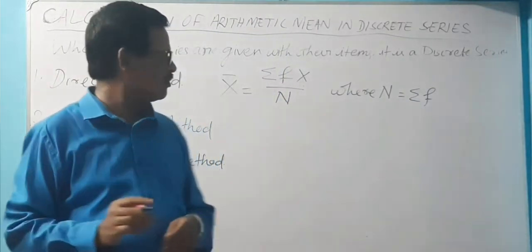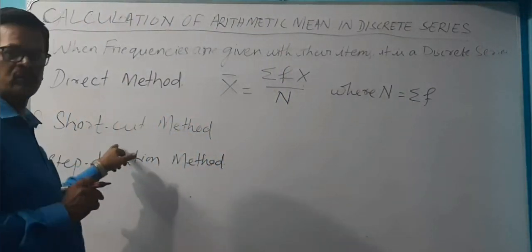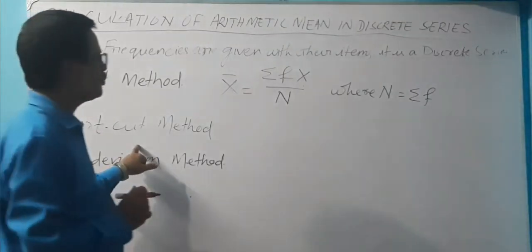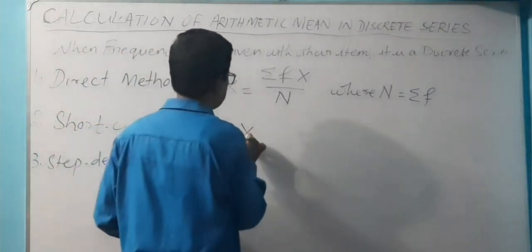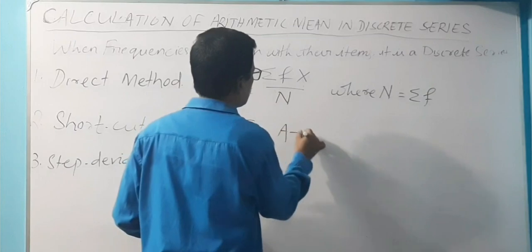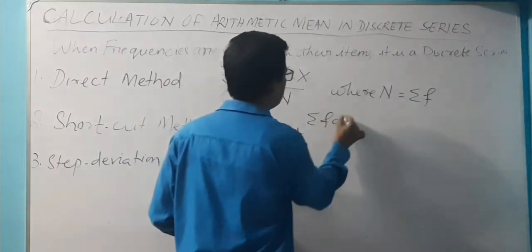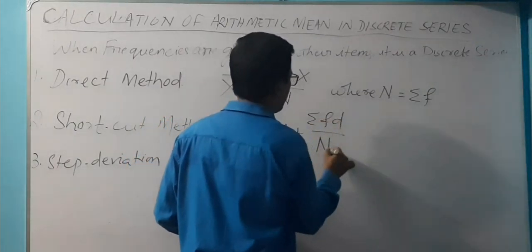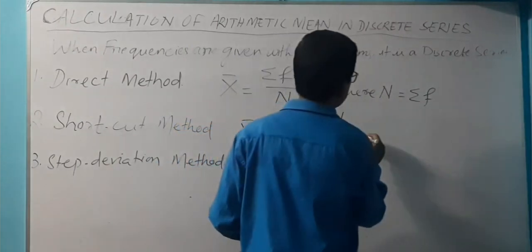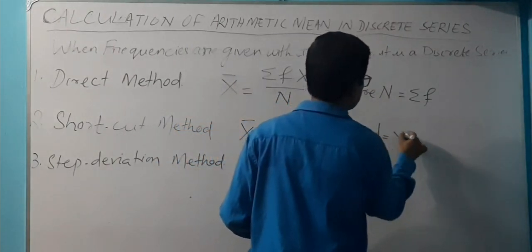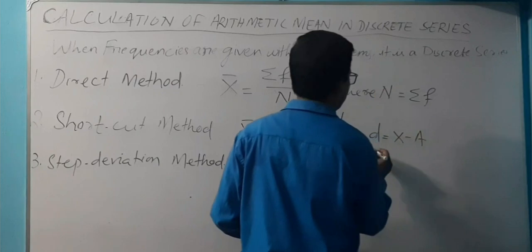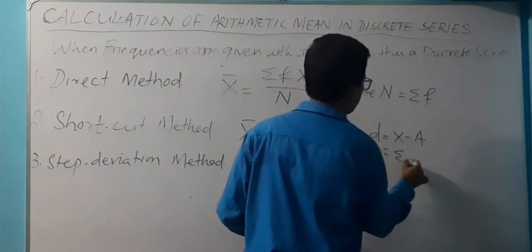Now, in shortcut method to calculate arithmetic mean, we have to put the formula x bar is equal to a plus summation f d by n, where d is equal to x minus a and n is equal to summation f.